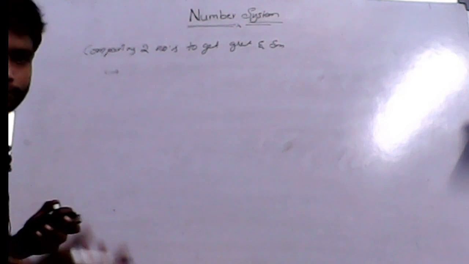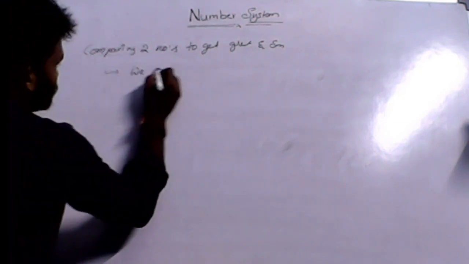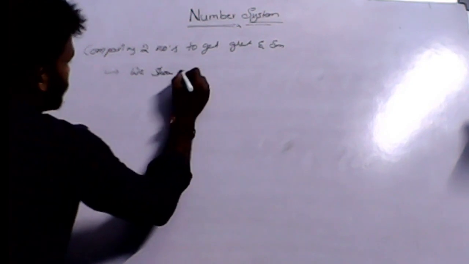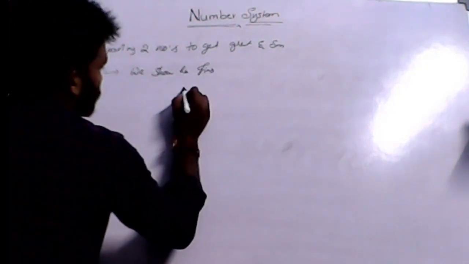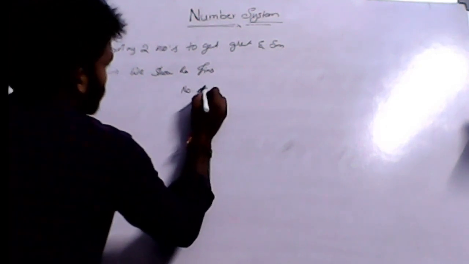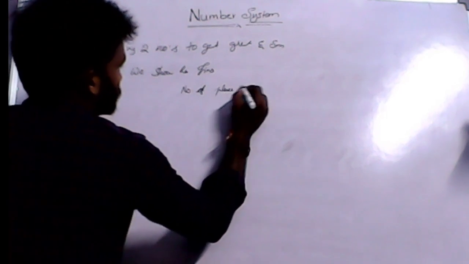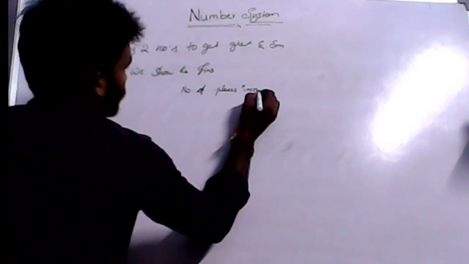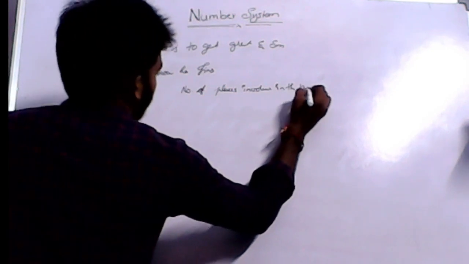To get the greatest and smallest numbers between two numbers, first we have to find the number of places involved in that number.